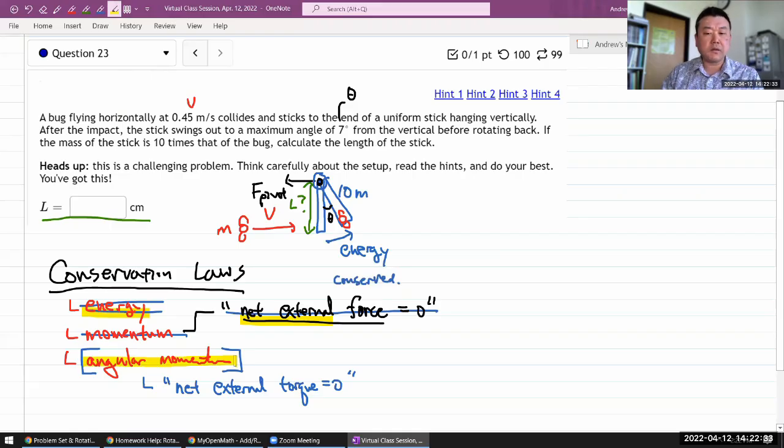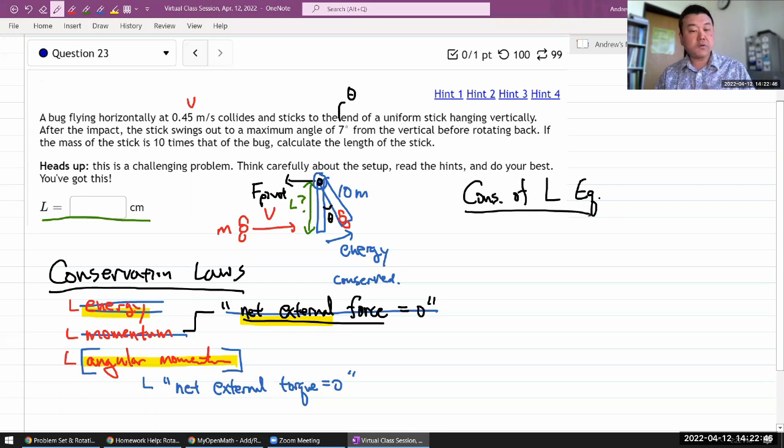So we start out with, we write down conservation law equations. So this will be the conservation of angular momentum equation. We choose some snapshots. We choose moments in time that will give us some useful equations. I guess I can choose this as my moment in time, where I have the bug moving to the right at speed v.